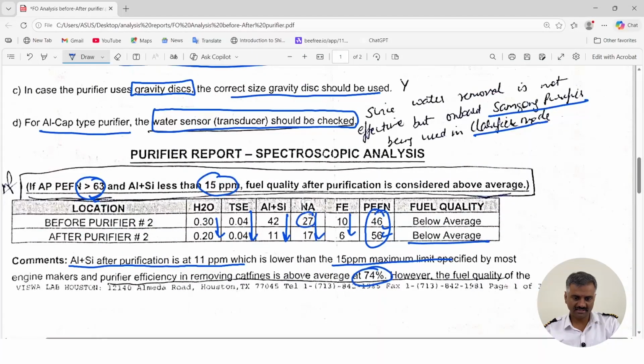Sodium also is a particle, iron is also a particle. These particle counts are important: alumina silica is 42 particles, total sediment is 0.04. So these are particle counts. These four are the particle counts. In the oil before the purifier, and then you see a reduction after the purifier. After the purifier there is a reduction in the particle counts.